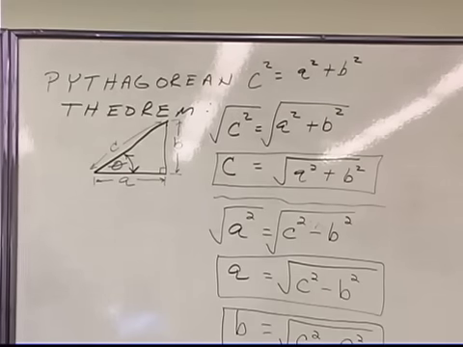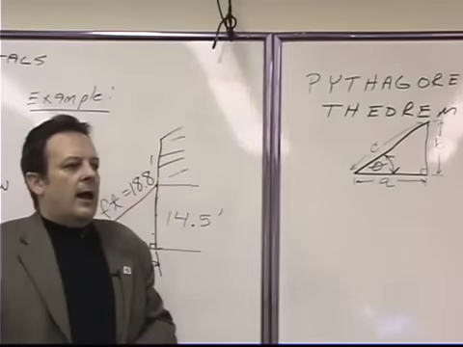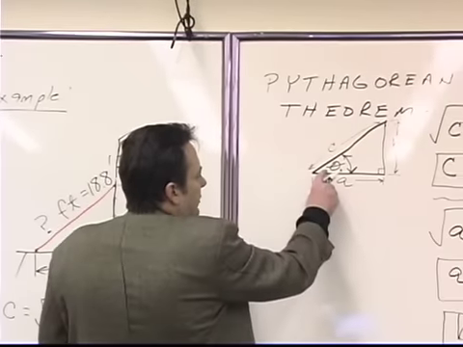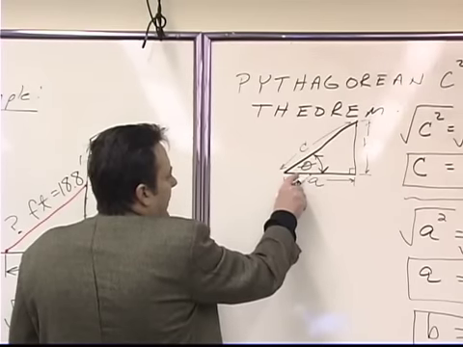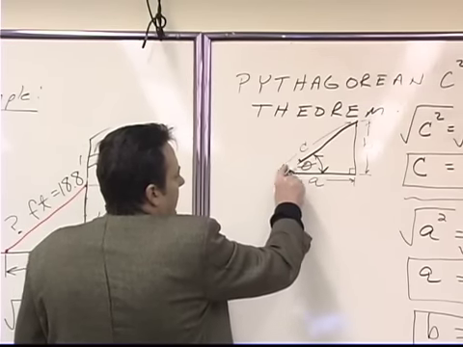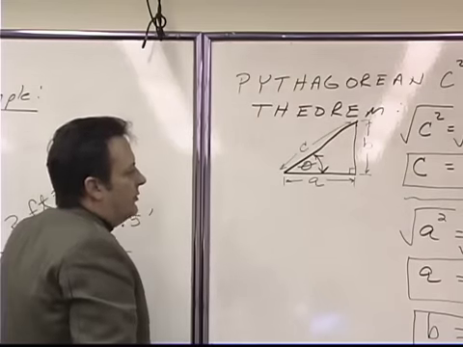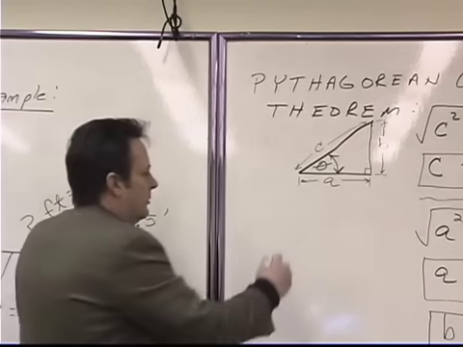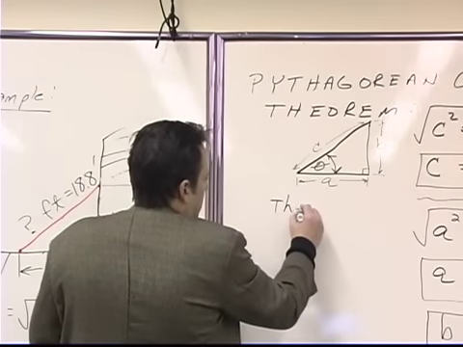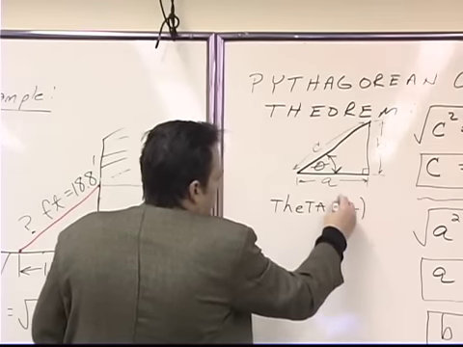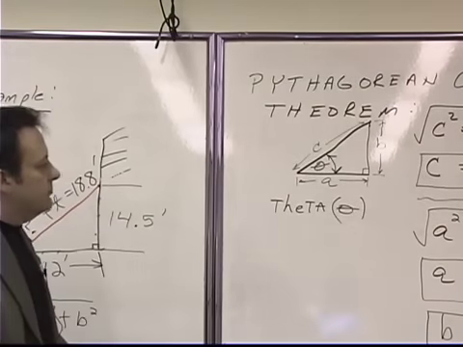Inside the triangle, there are actually 3 angles. One of the angles is right here. It's the angle between a and c. Okay? And that angle is usually called theta. It's a Greek symbol.